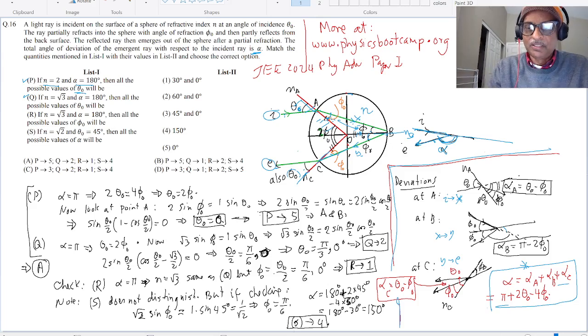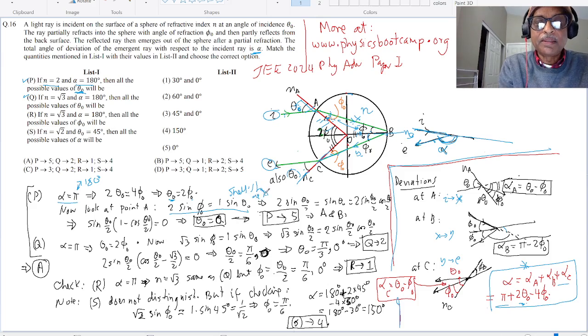And you can use this to answer the questions. For P, if n equals 2 and alpha is 100 degrees, which I'm sometimes calling pi, sometimes 180 degrees, but that's fine, then this will cancel that and theta 0 comes out. Then to find theta in question P, I can apply Snell's law at A. Because this is a half angle, you can make theta 0 into half angles so that you can either cancel or bring it to one side.